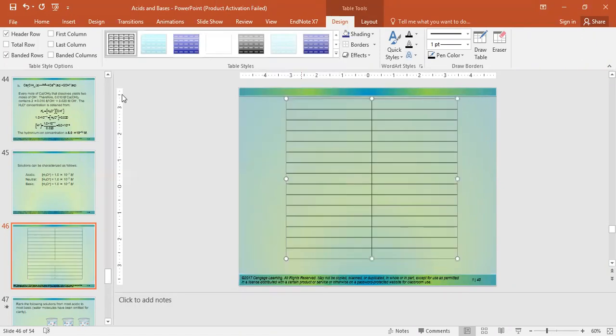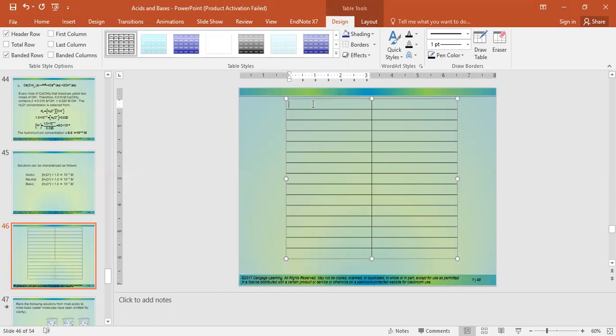Okay, now, if here we say that this is the concentration of the hydroxyl ion, and this is the concentration of the hydronium ion.